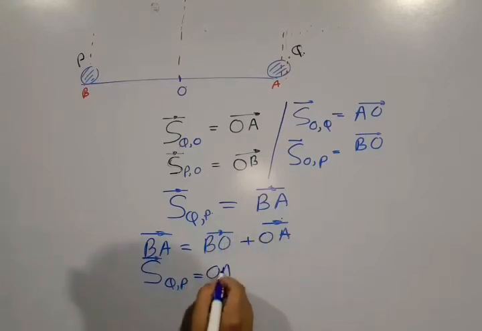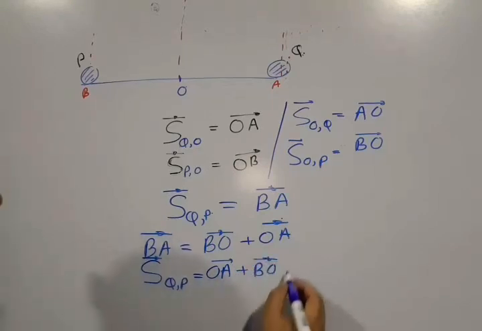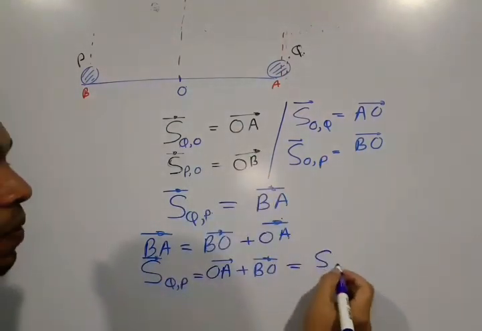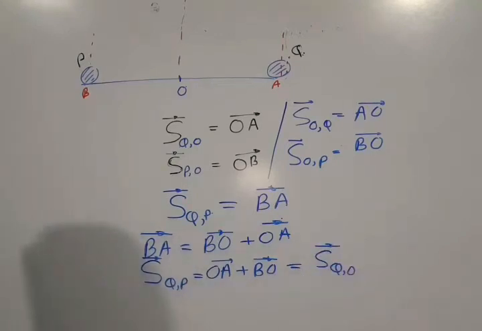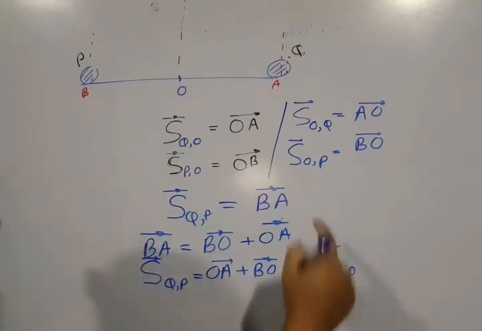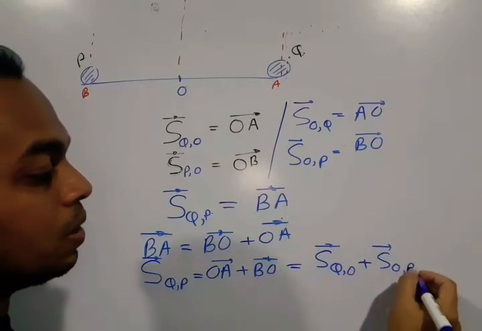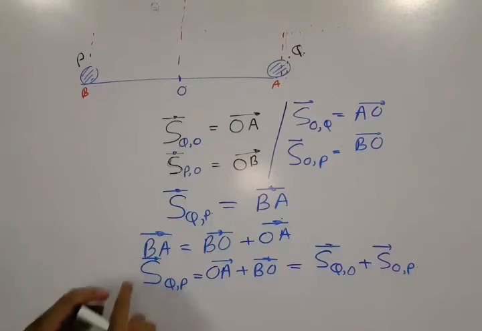So OA plus BO. Right. So what is this? OA is displacement of Q with respect to O. What is BO? BO is displacement of O with respect to P. Right. So we have obtained a beautiful equation.